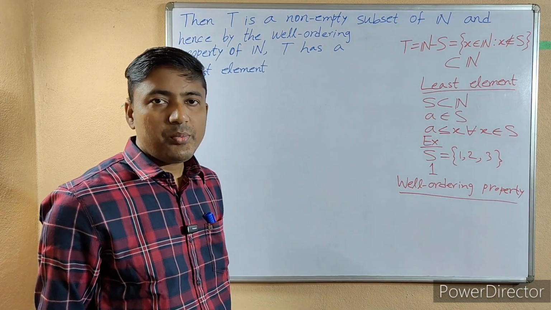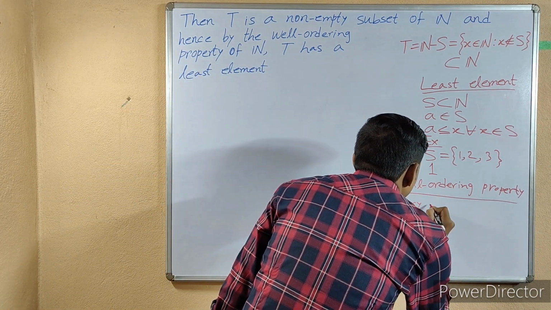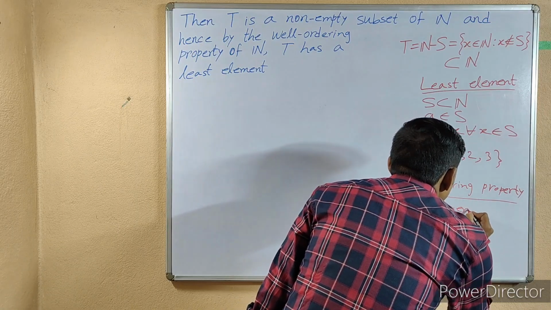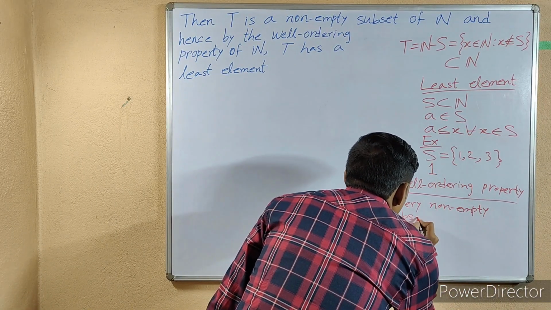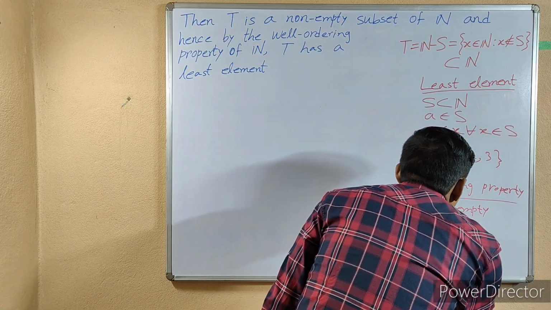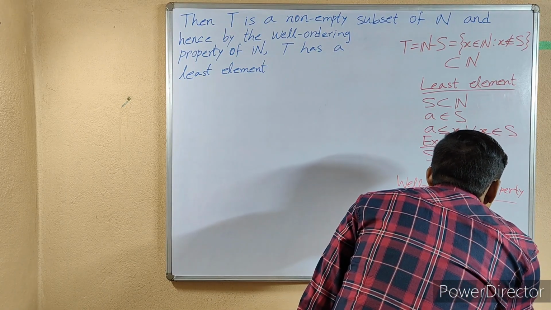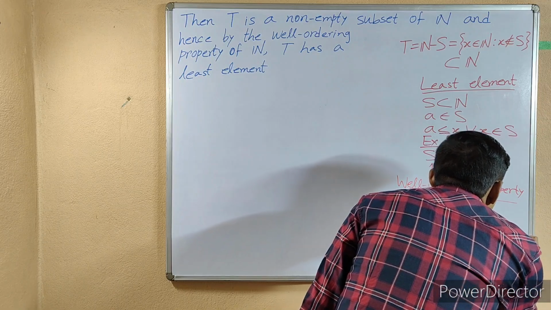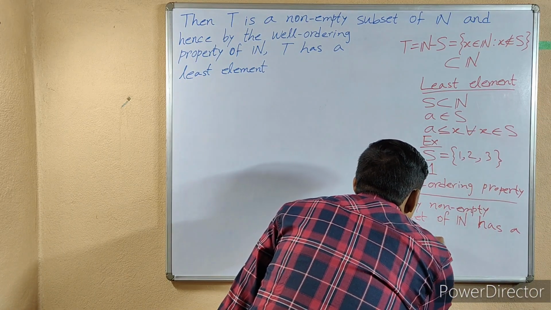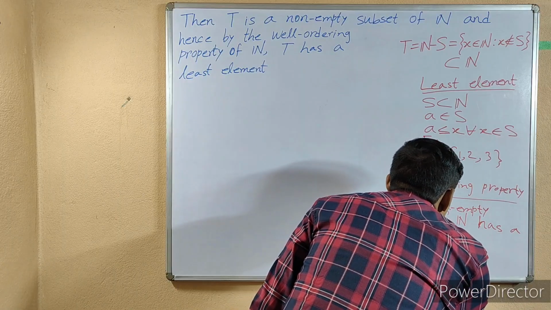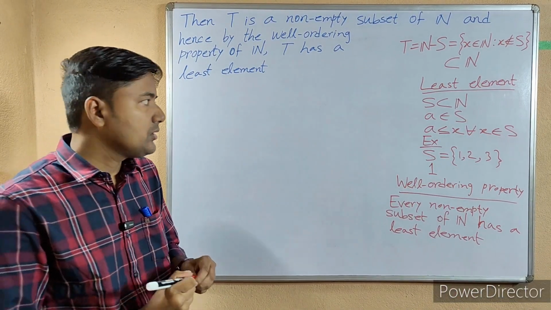Every non-empty subset of N has a least element. This is the well ordering property of N.